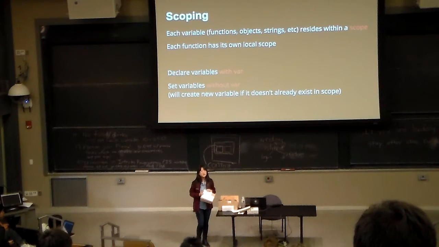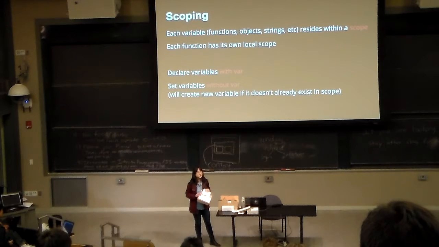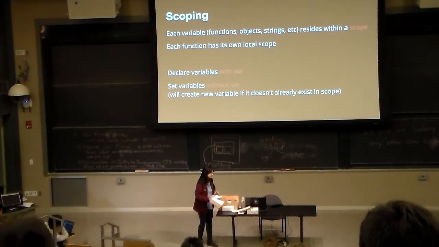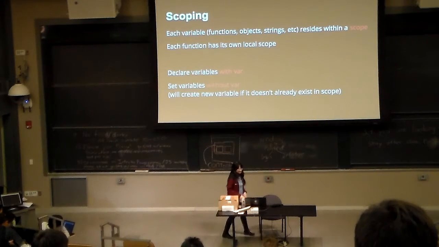So what it'll do is, first it checks to see if it can find a variable called this, and it doesn't. So it actually creates a new variable called new text. And usually you don't want this behavior. So you want to always put var when you're declaring a new variable, and only leave it out if you're setting a variable. I'll put that up later.